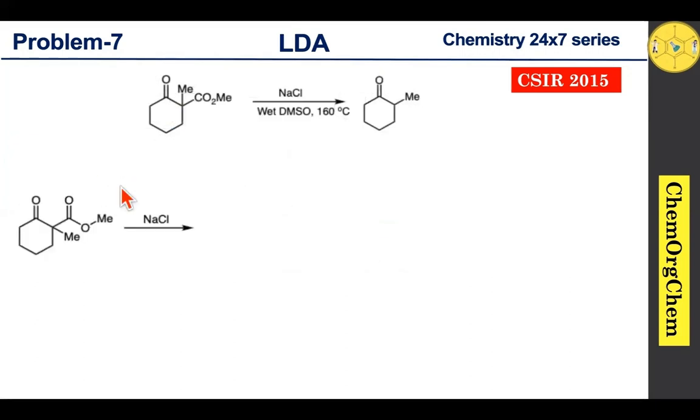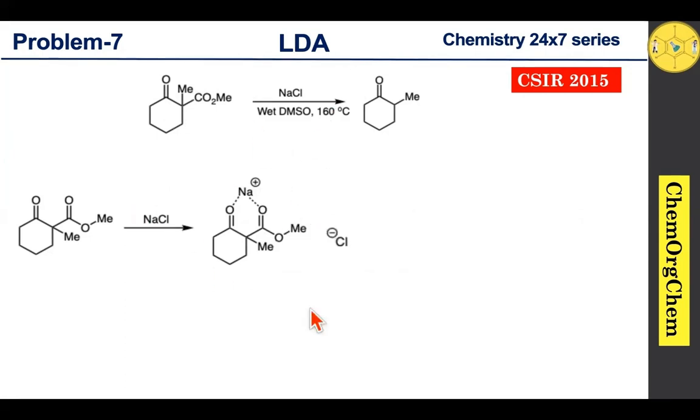Here you see when you use sodium chloride, the sodium ion readily coordinates with the carbonyl oxygen, which produces this corresponding intermediate or transition state.